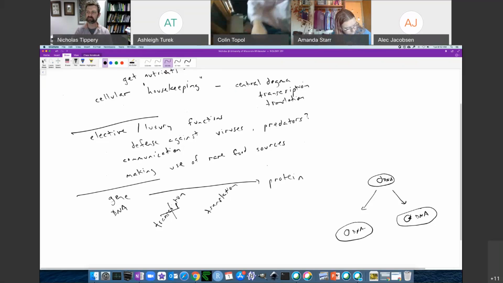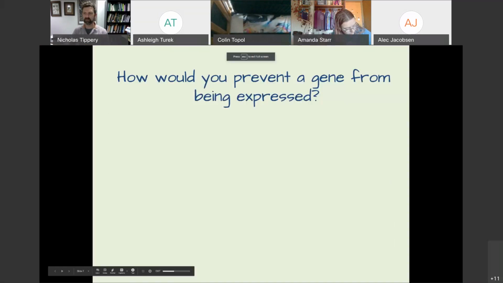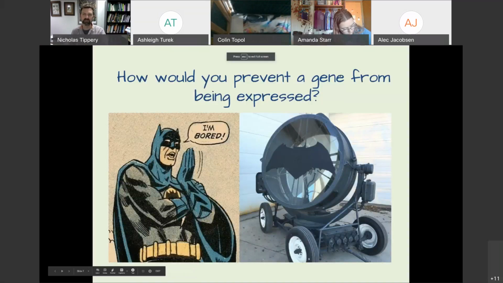So you can stop a gene from being transcribed, translated, or as we'll see, some other steps in this process. If you can just prevent that specific to a gene, then that gene's protein doesn't get made.